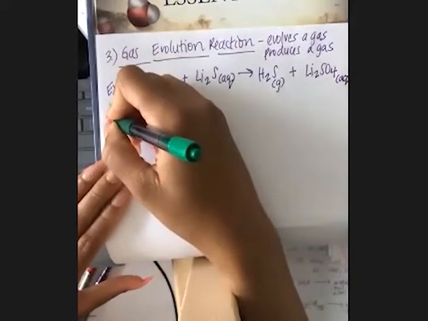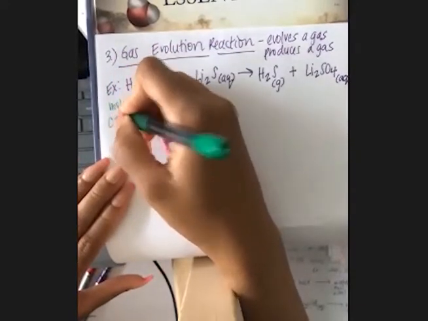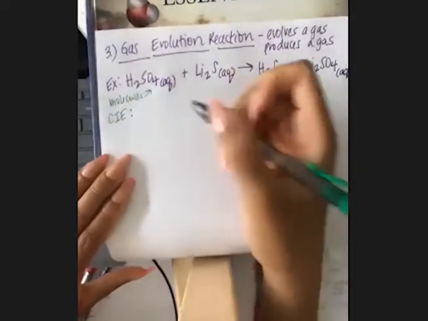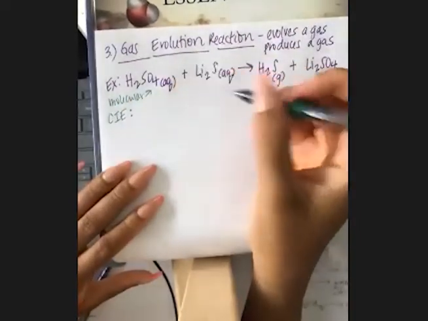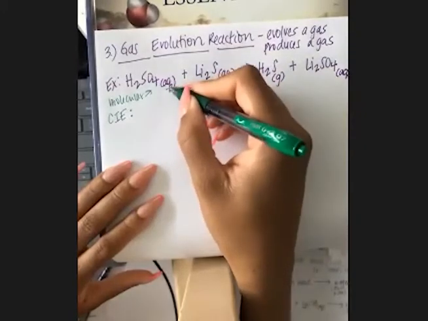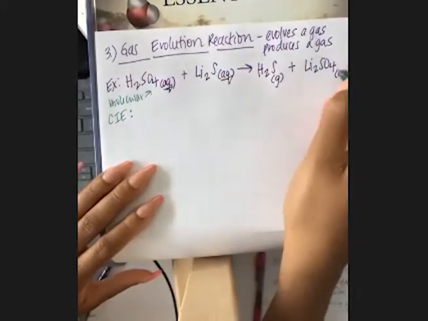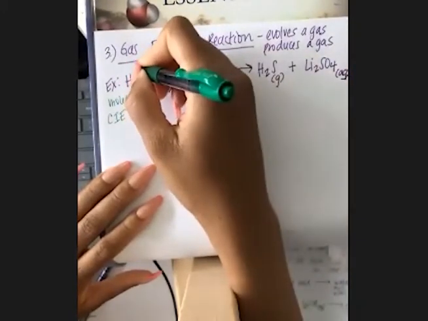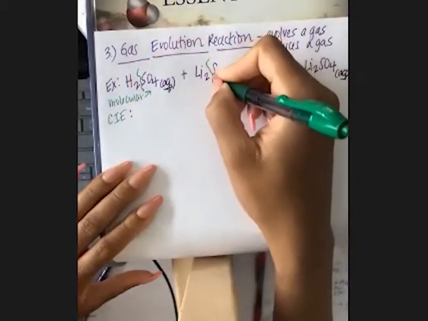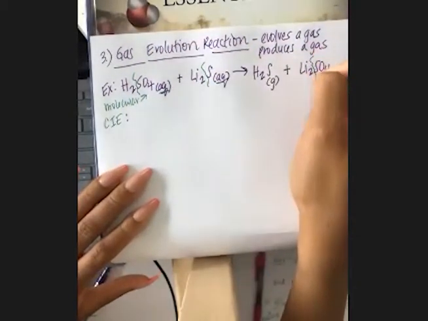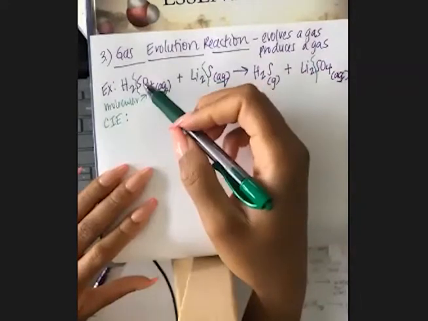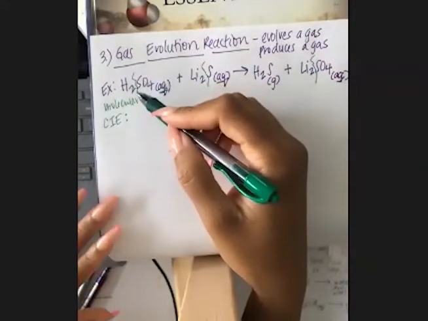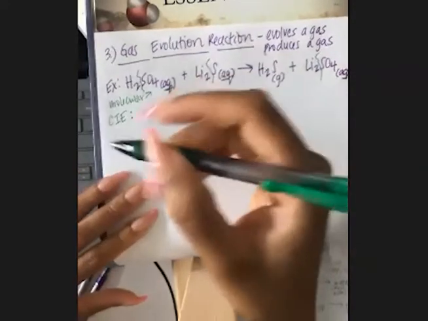If I write the complete ionic equation for this, I'm going to go through the same steps. If it has an aq next to it, I can break it up into its ions. When I break it apart, I have to say how many of each ion I have.